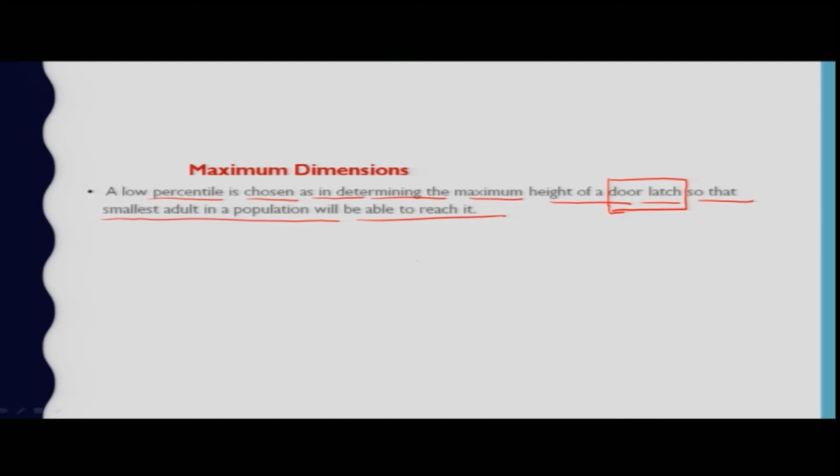So, the height of non adjustable seats used, for example, in public transport systems and auditoria is also determined using this principle.